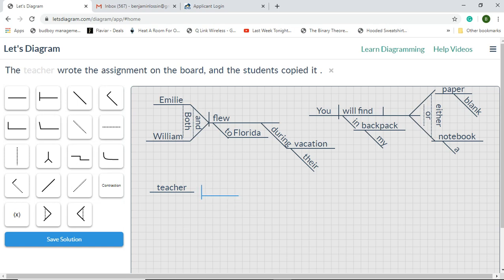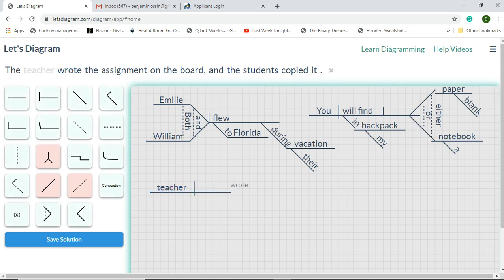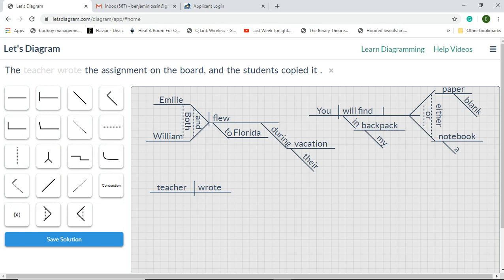What did the teacher do? They wrote. There's our verb. What did they write? Well, they wrote the assignment. Okay? So the assignment is your direct object.